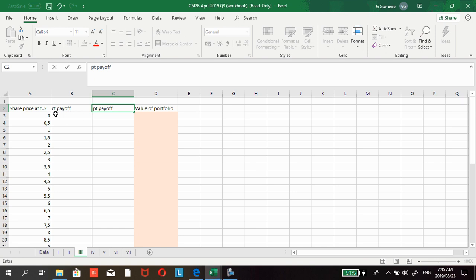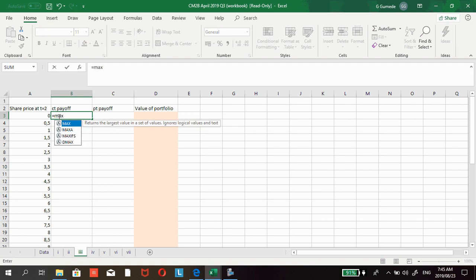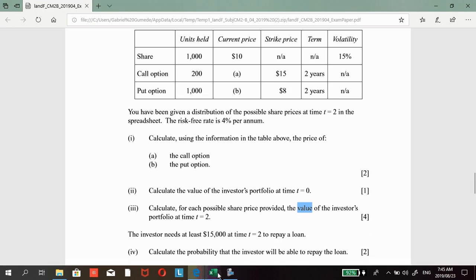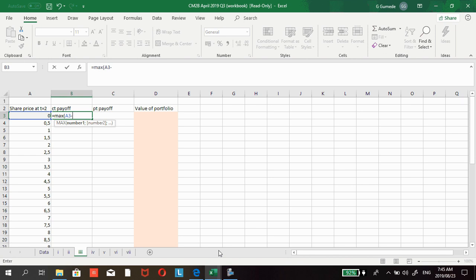Okay, so what is the call option payoff? It is the maximum of the share price minus your strike price, which you are given for the call option to be 15. So I'm going to put that, or it will be 0. So it will pick the maximum.